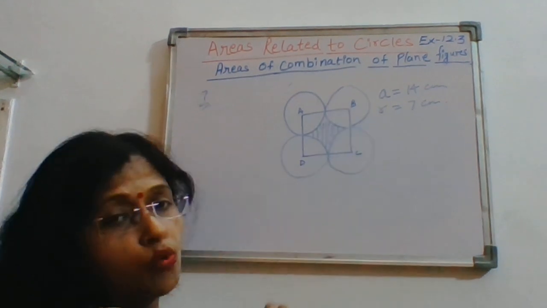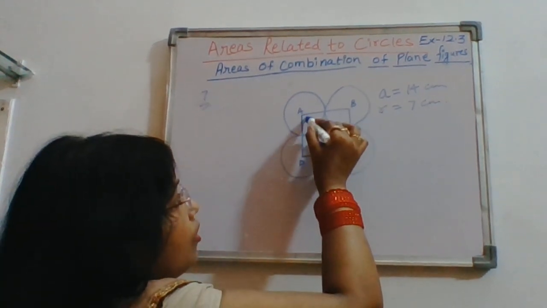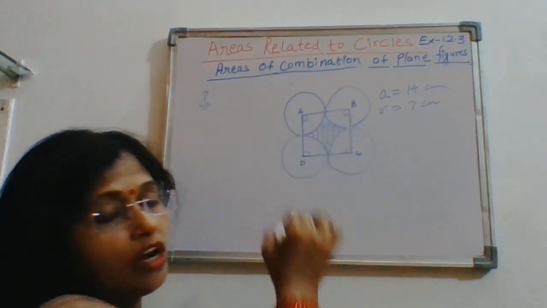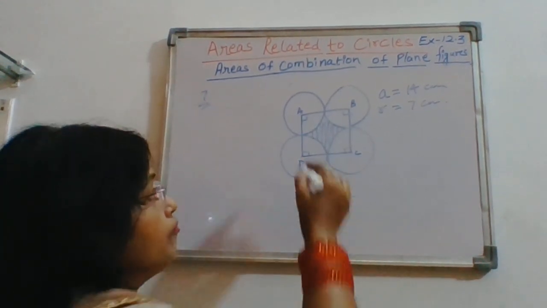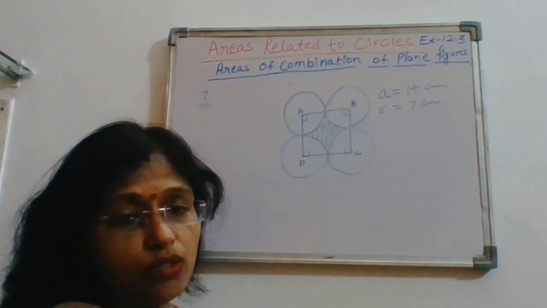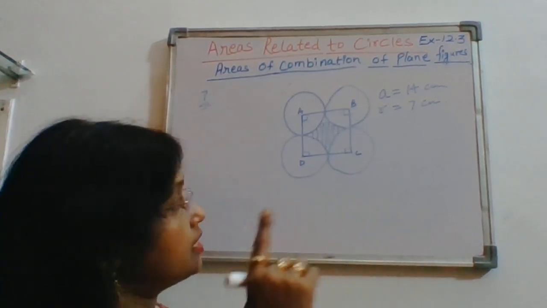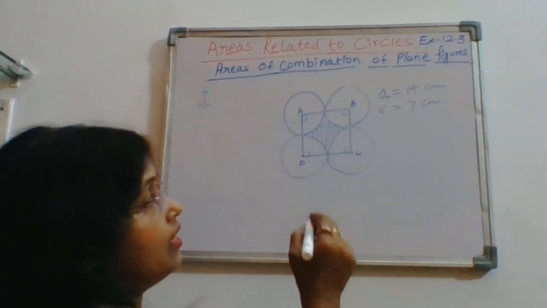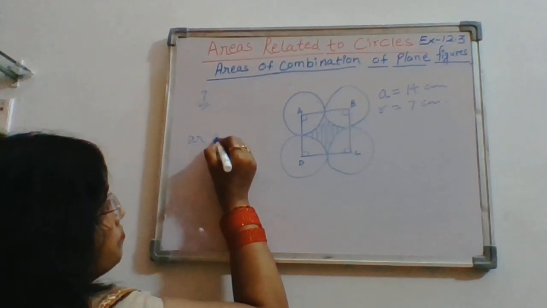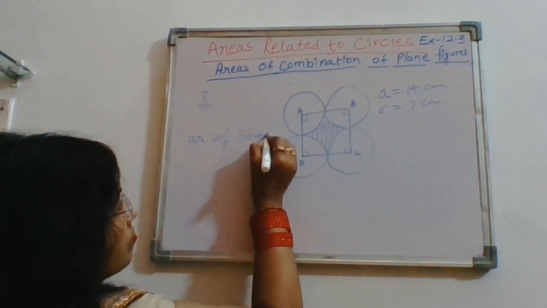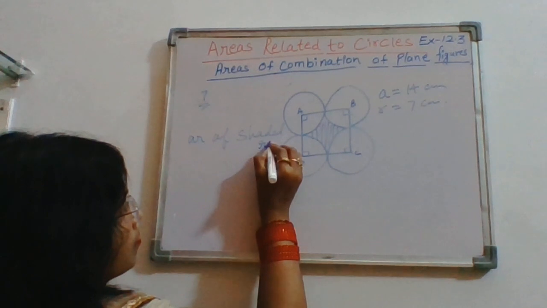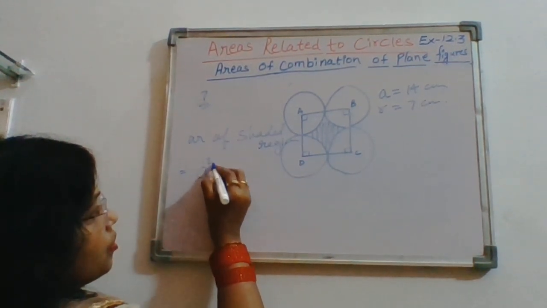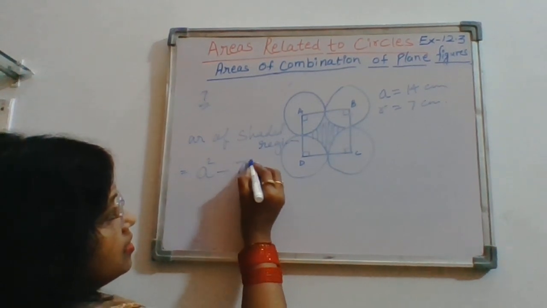Area of this square minus area of these 4 quadrants will be equal to area of the shaded region, and 4 quadrants is equal to one complete circle because each quadrant has the same radii, right? So area of the shaded region will be equal to area of the square minus area of the circle.